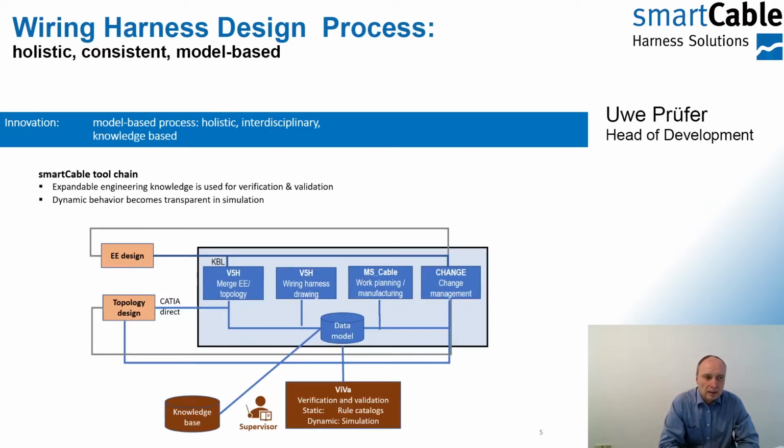Smart Cable has added a knowledge base and a supervisor to its tool chain. The knowledge base can be continuously updated with new findings, experiences and specifications. Engineering knowledge is structured in the knowledge base in such a way that algorithms can read the knowledge and use it as a basis of decision making.